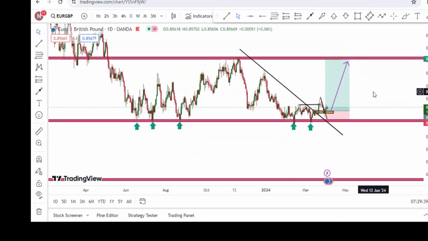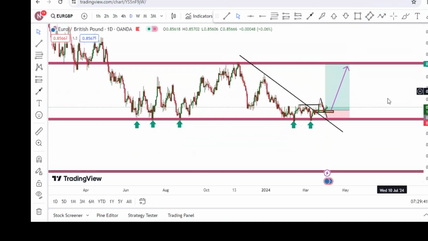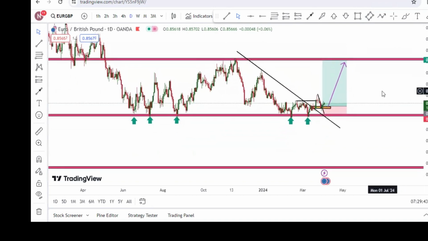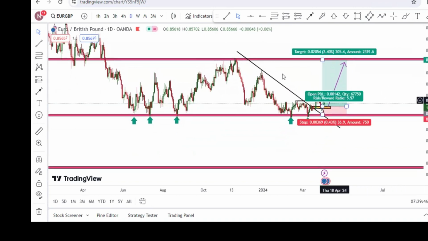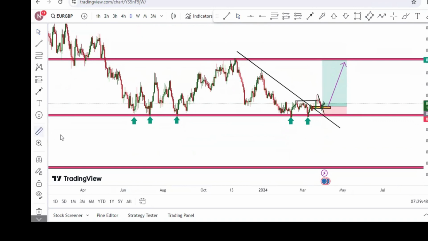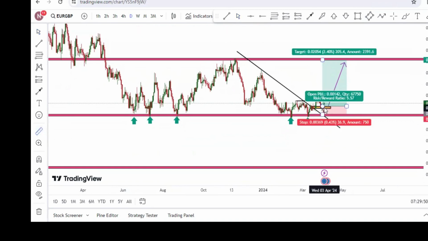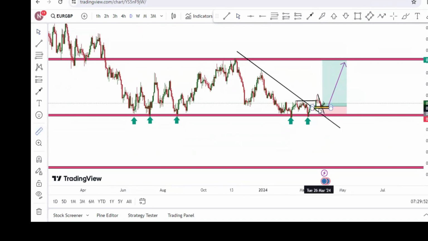So I usually like to go from zone to zone, because that's where I anticipate a good amount of money. If I can show you how many pips I'm anticipating from this zone to this zone, it's about 212 pips, around 220 pips.